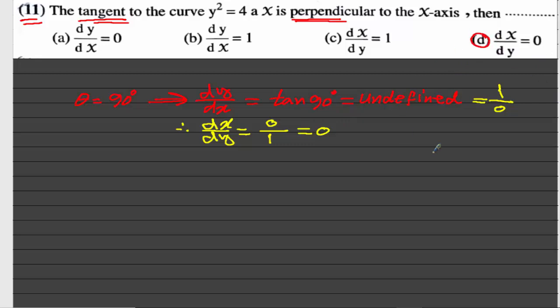Question number 12. The tangent equation to the curve x = y² at the origin is y = 0, x = 0, x = y, or x + y = 0.